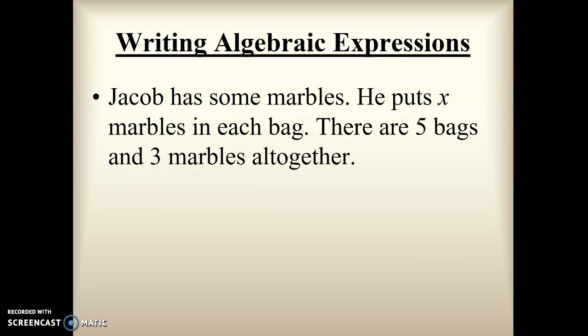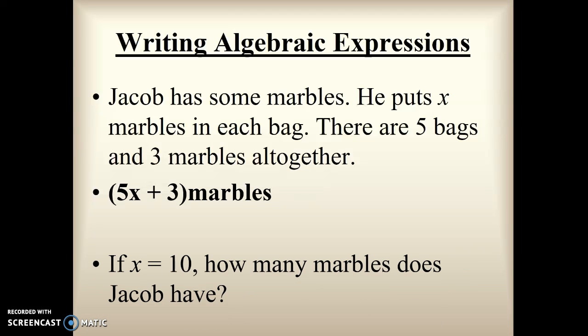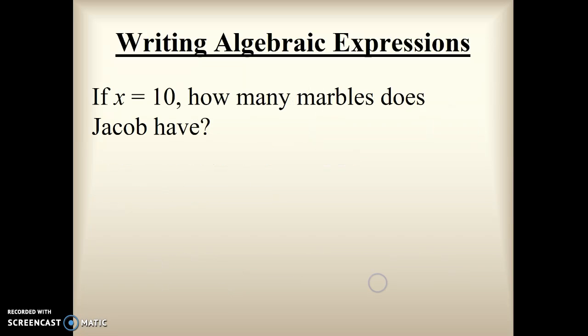All right. Now, let's go ahead and substitute in a value for x and solve how many marbles Jacob has if x equals 10. So our algebraic expression, again, was 5x plus 3 marbles.